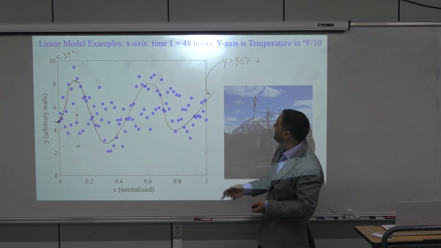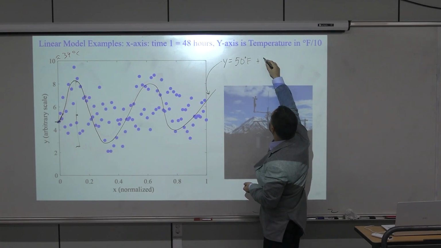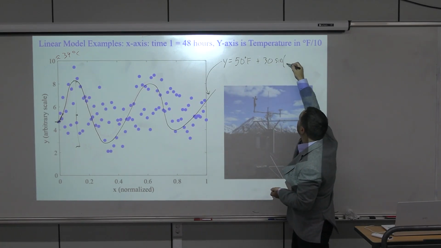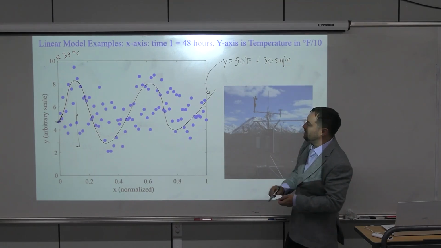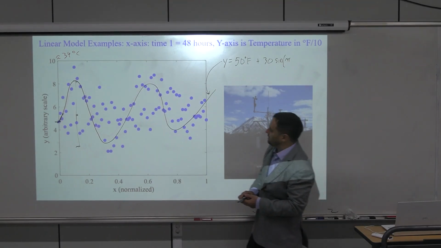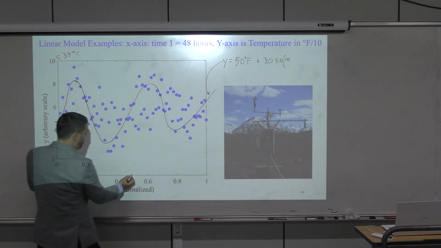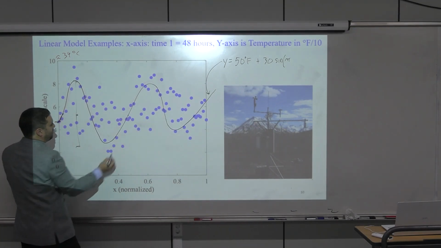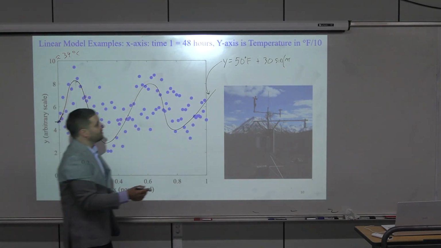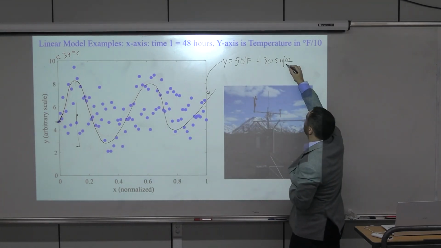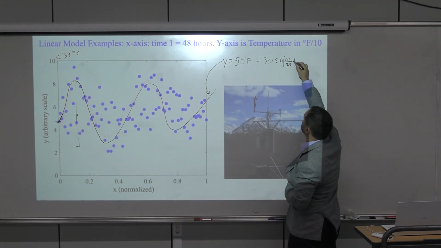Yeah, from 50 to 20. So plus 30 sine of, now let's do pi divided, let's see. So 0.5 is 24 hours is a full cycle. So maybe pi divided by 24 times t.